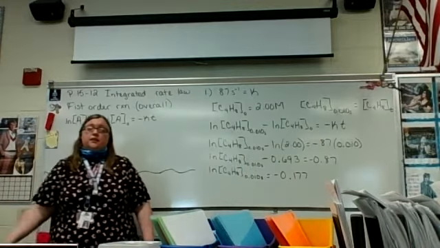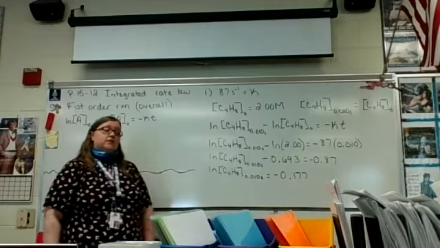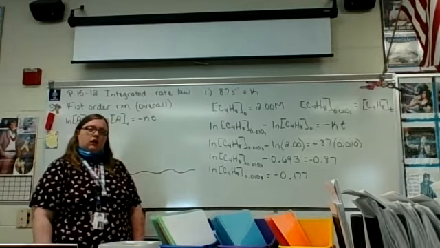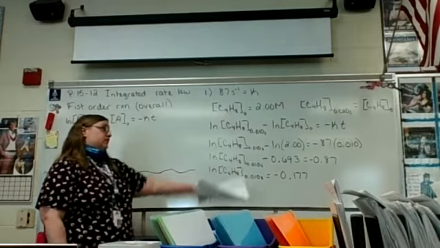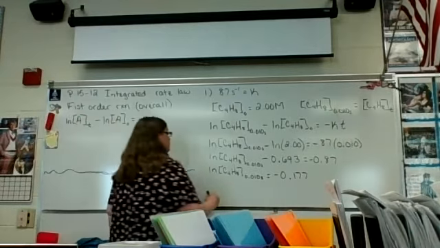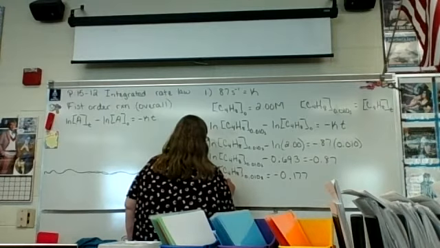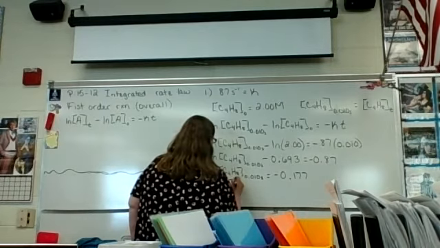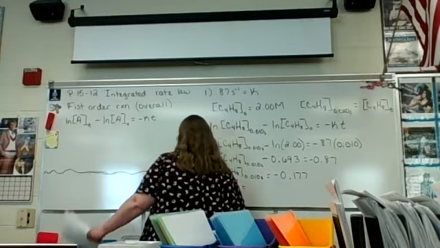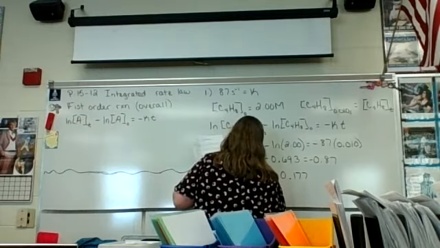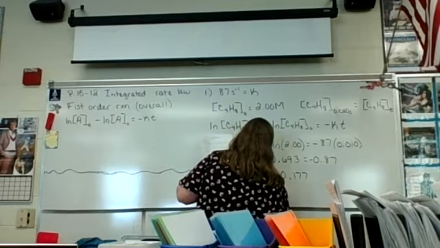And then, like I said at the beginning of the video, all you have to do is take e raised to the power of your answer there. So this is going to be e to the negative 0.177, and that is going to equal 0.83 molar.